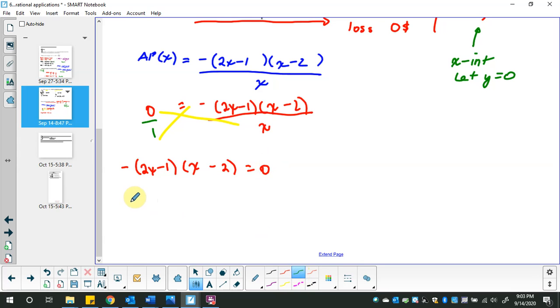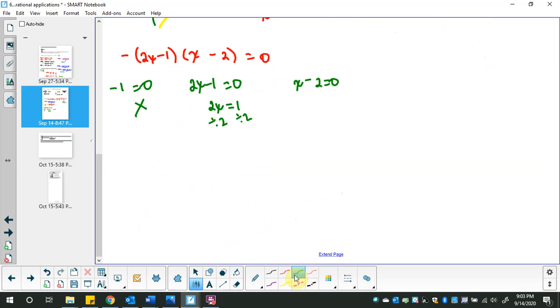So you have -1 at the front equals 0, which you don't even have to write down because that's not a possibility. 2x minus 1 is equal to 0, and x minus 2 is equal to 0. Remember that this is optional. It's to almost guarantee that I'm not making any silly mistakes in public. So this one has a little bit of work, and I can then say that x is equal to 1/2, or x is equal to 2.